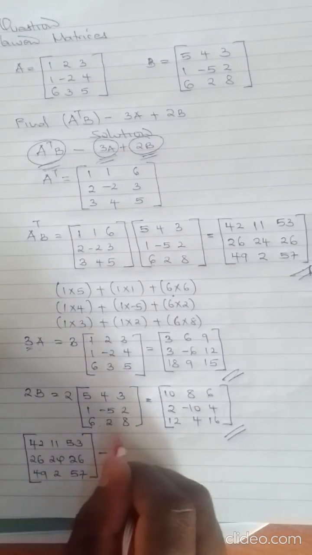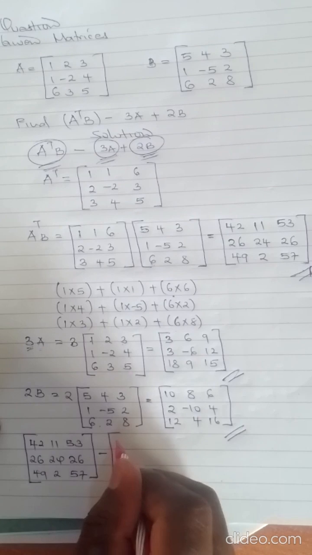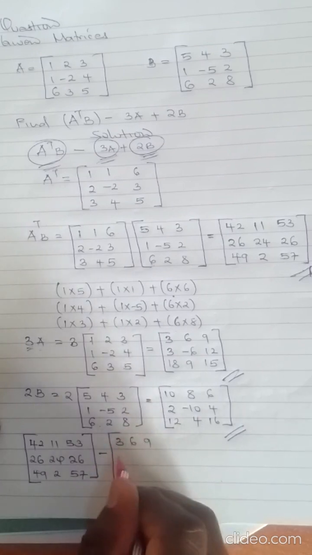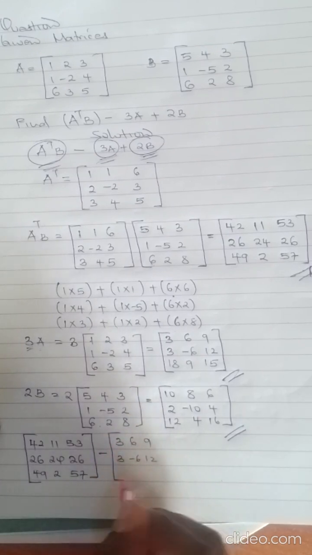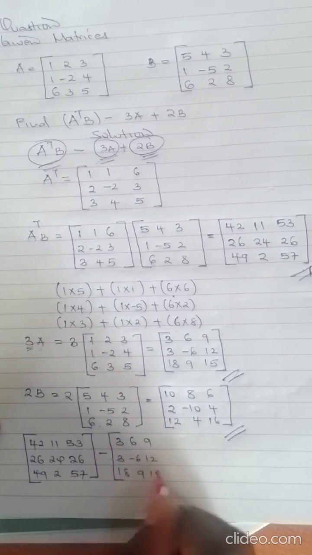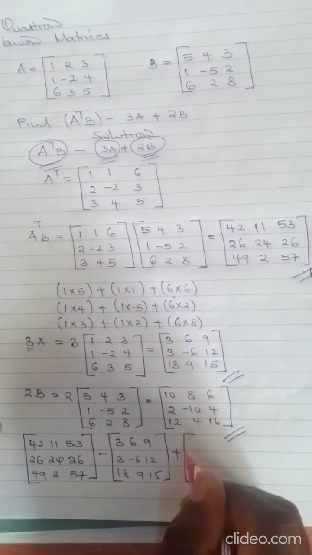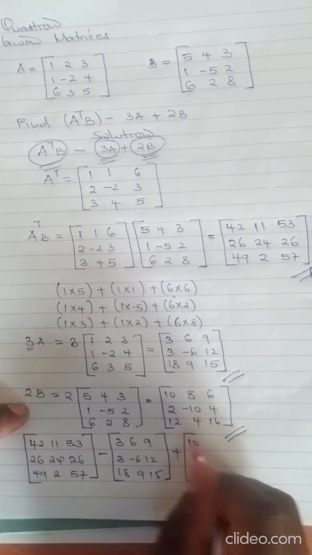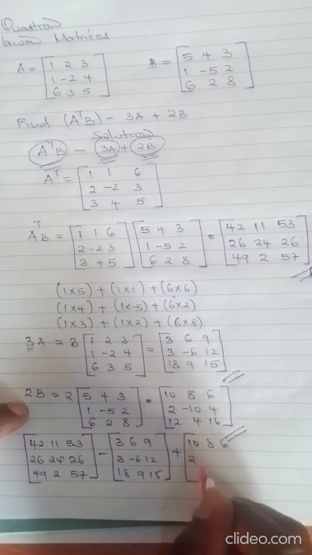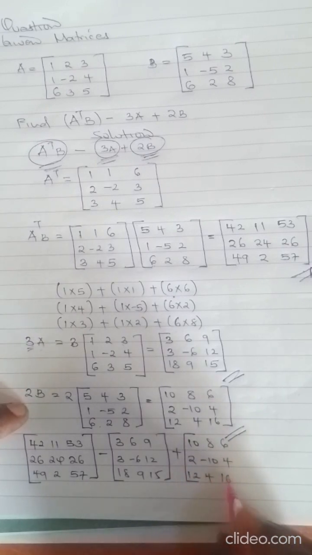You minus 3A, that is 3, 6, 9, 3, negative 6, 12, 18, 9, 15. Then we add 2B, that is 10, 8, 6, 2, negative 10, 4, 12, 4, 16.